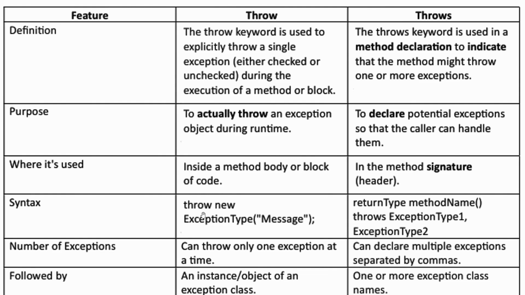The syntax for throw is: we write throw, then the new keyword for dynamic allocation, then the type of exception. There are various types of exceptions such as runtime exception, arithmetic exception, compile time exception, and IO exception, that is input output exception.